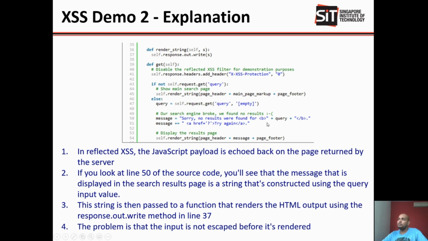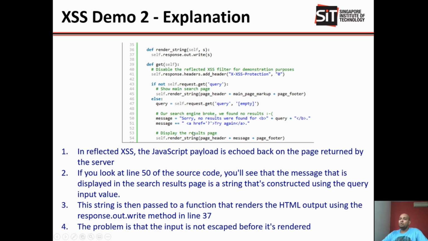The query is whatever you have typed in that box, and the string is then passed to a function that renders the HTML output using the response in line number 37. So line number 37, self.response.out.write, as this string is just rendered in the HTML in the browser.